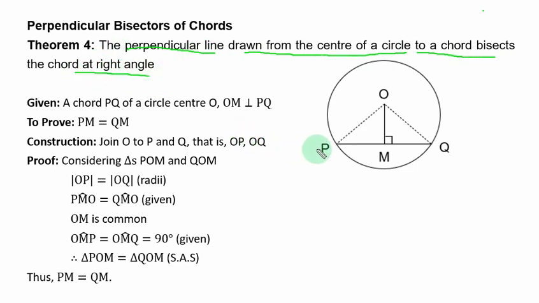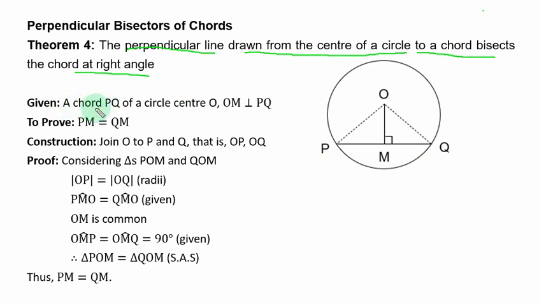So here you have PQ as a chord, you have OM as the perpendicular line drawn from the center of the circle. At the point of intersection with the chord, the angle formed is 90 degrees, a right angle.